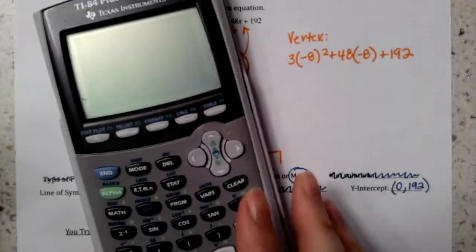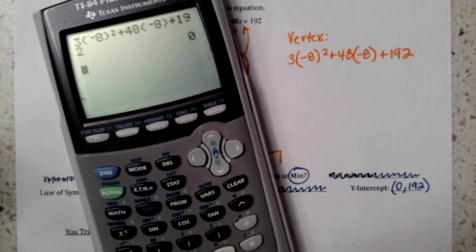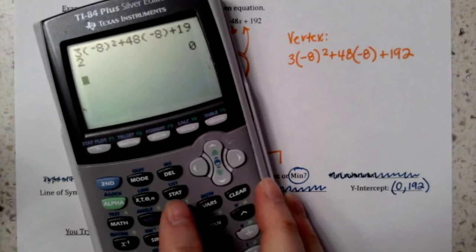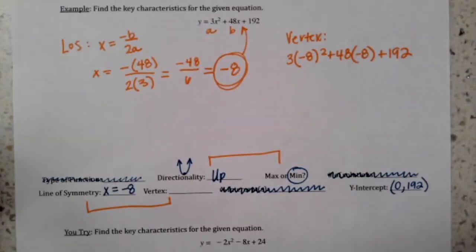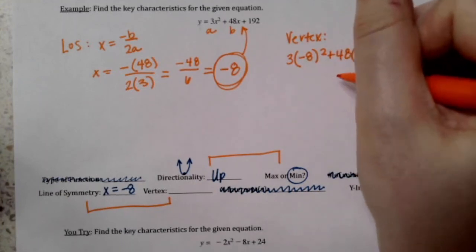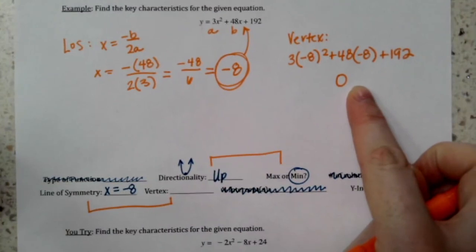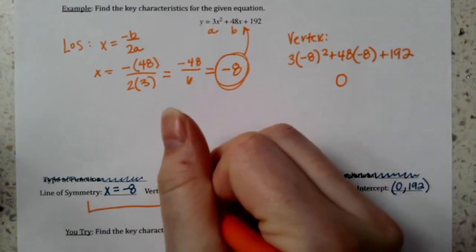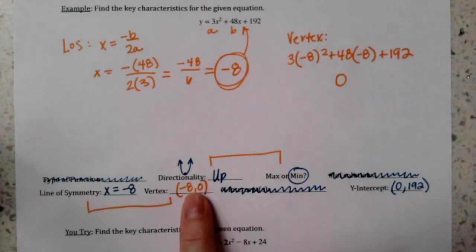In my calculator, I just want to type that exactly as it's written. And I get 0. So 0 is not my answer. That is my y value. This is x and this is y. So my vertex is negative 8, comma 0.